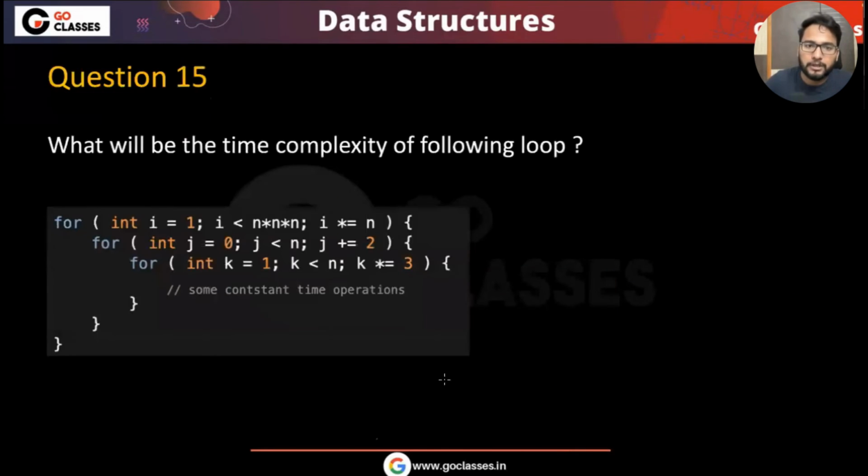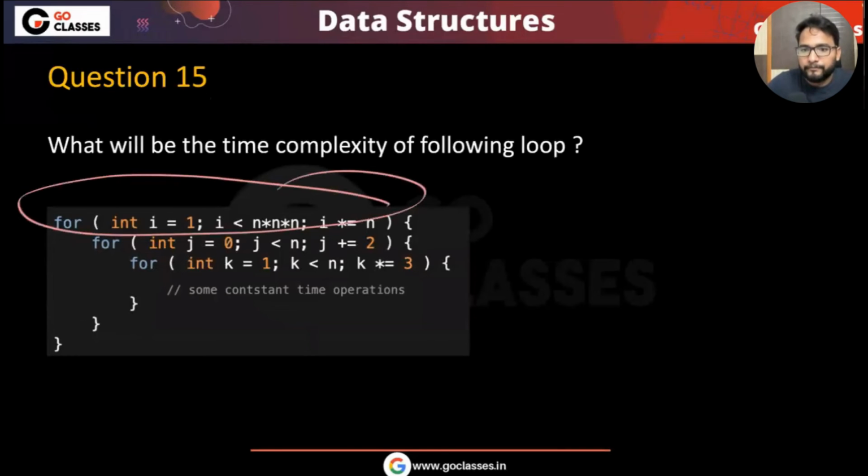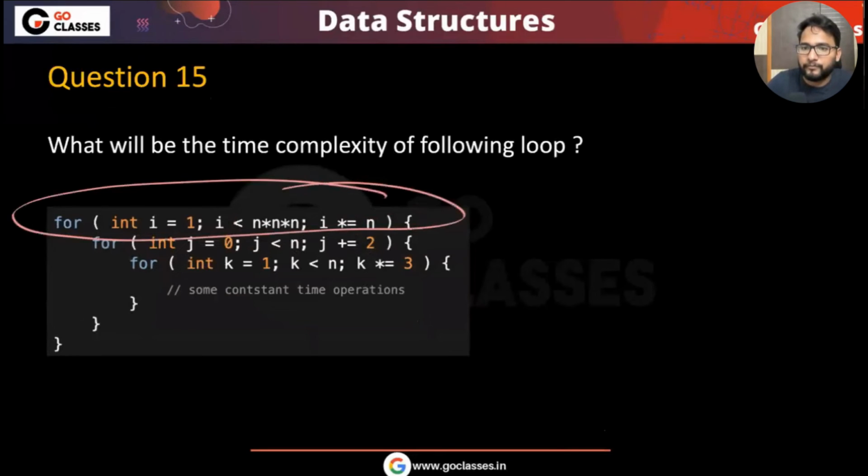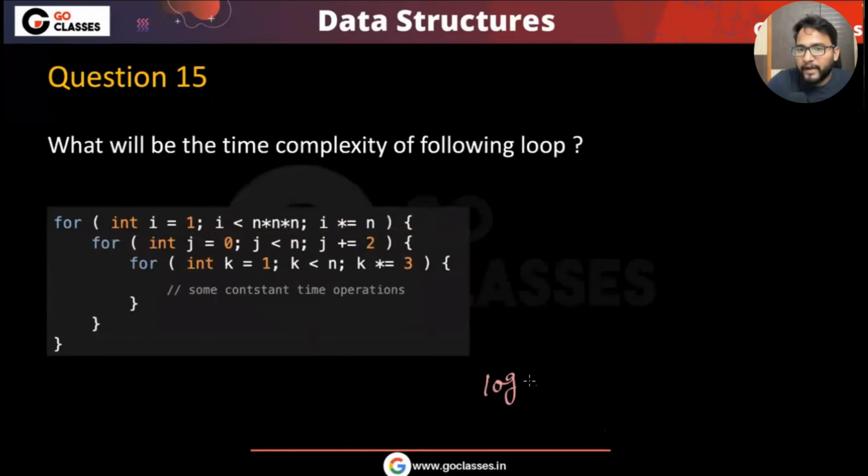Okay. Let's see this. Can anyone tell me how much time it is going to run? n cube divided by, sorry, not divide. You are multiplying, right? Yeah, that's interesting. Can anyone tell me how much time this is going to run? Log of n cube, that is correct.